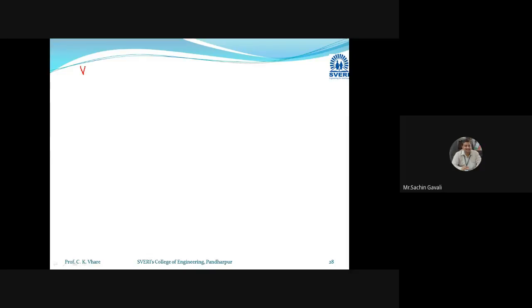This general velocity triangle will vary as per the case of the Pelton turbine or the Francis turbine. Anybody have doubt? Understood?